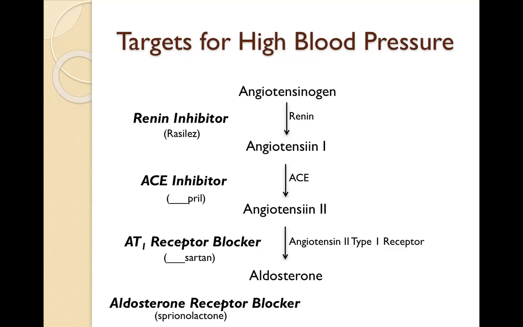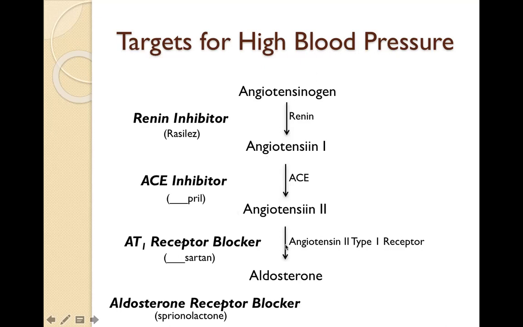And so here's the major pathway. There's angiotensinogen that's cleaved by renin to make angiotensin 1, and angiotensin 1 is converted into angiotensin 2 by angiotensin converting enzyme. That angiotensin 2 will bind to various receptors in the body.